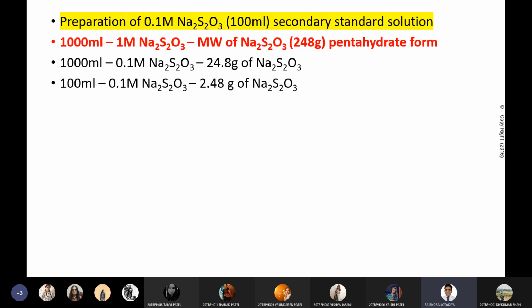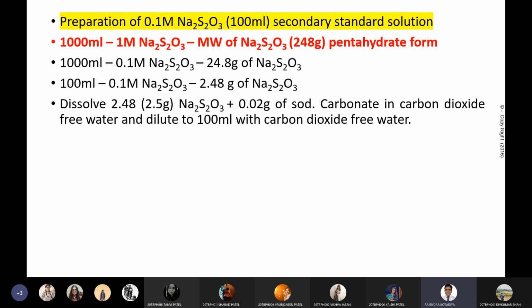However, regarding preparation of the solution, we require some additional substance. So in place of 2.48 gram, you can weigh 2.5 gram sodium thiosulphate and add along with 0.02 gram of sodium carbonate in carbon dioxide free water.